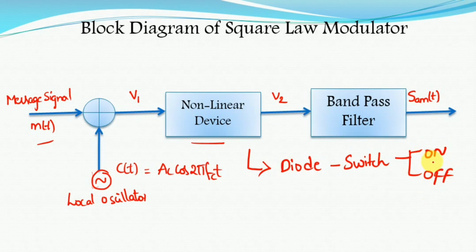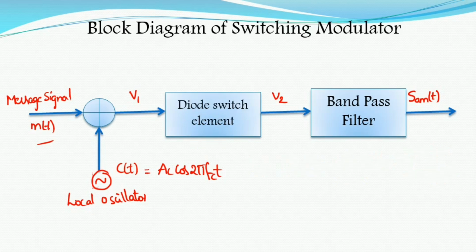At one point the switch will be on, which means the diode is on and acts as a short circuit. At another point the diode will be off and acts as an open circuit. So the diode is acting as a switch element, that's why we get the name switching modulator circuit. Now let us see the block diagram of the switching modulator.